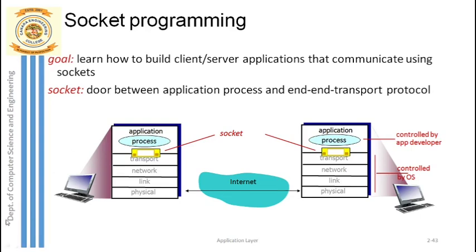You can see here there is one person sitting in one location. He's using his laptop or desktop. He's going to type a message, or maybe an email, and that message or email should be sent to his friend, who is somewhere in the US or in some remote location.